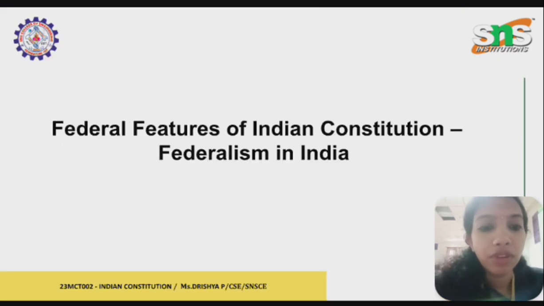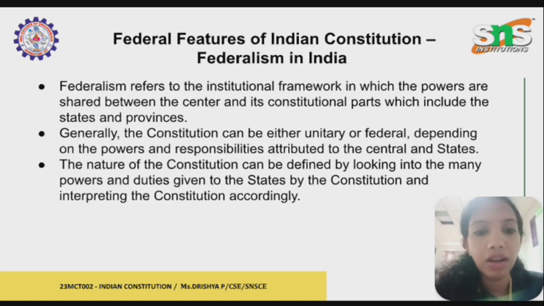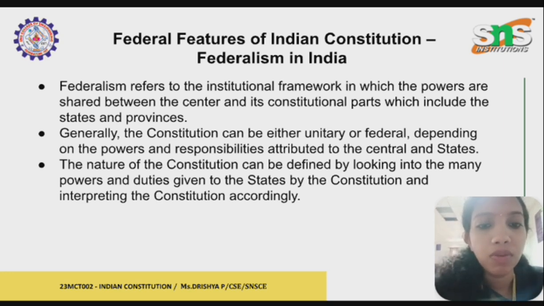Federal features of the Indian Constitution, that is, federalism in India. Federalism refers to the institutional framework in which the powers are shared between the center and its constitutional parts, which includes the states and provinces.